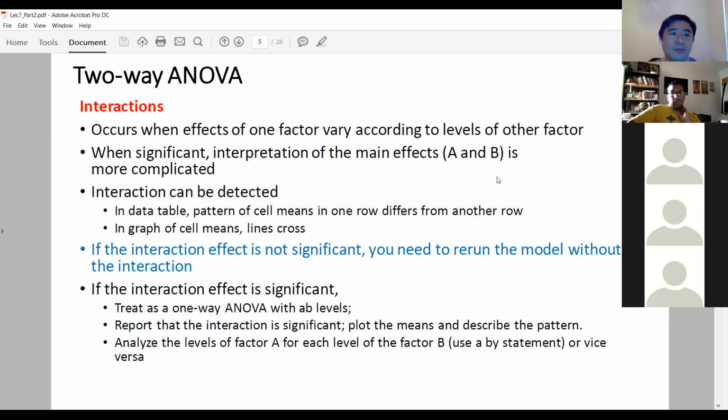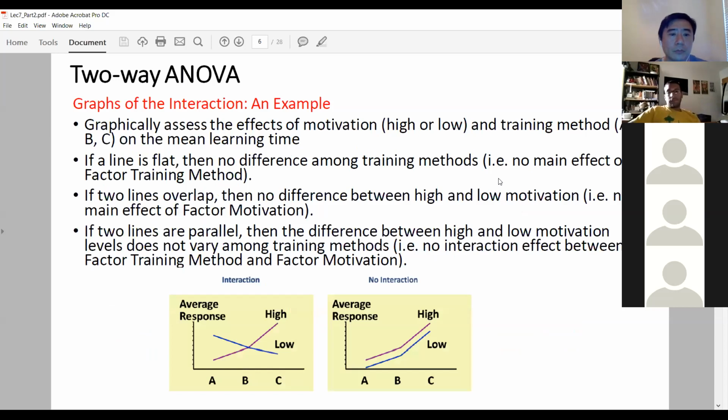And you have to remember that if there is interaction, there is a systematic difference across the levels of one factor in the relationship between the other factor and the outcome variable.